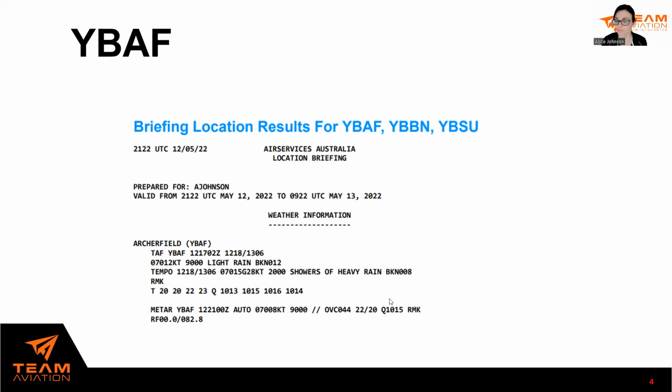The QNH is 1015. The remarks for our METAR include our rainfall here. So we have our rainfall in the last 10 minutes, and then we have our rainfall since 9 a.m. local time.